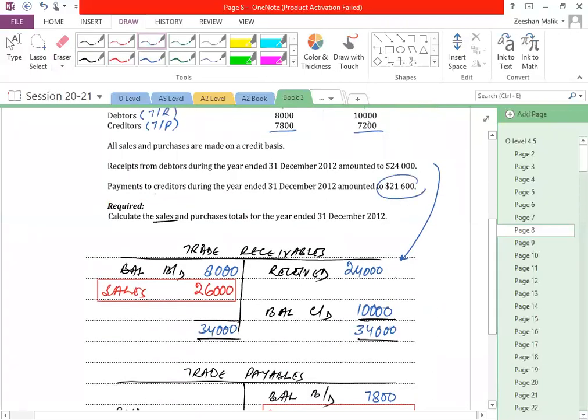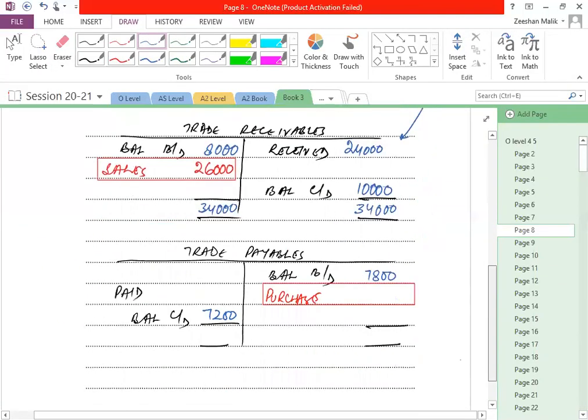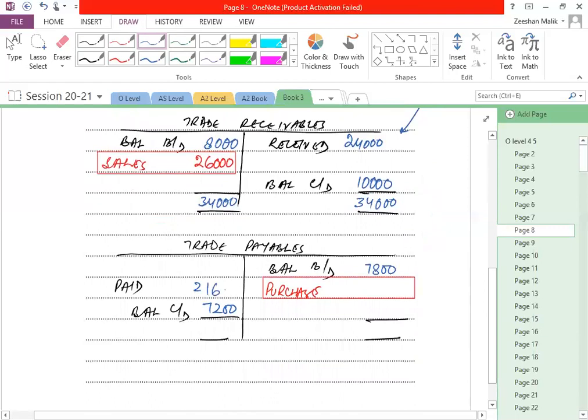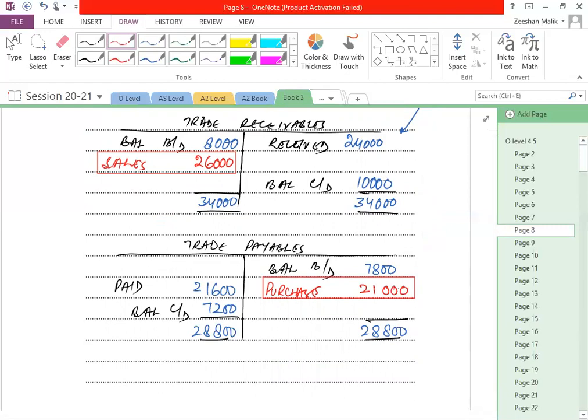How much amount is paid to trade payables? 21,600. At the greater side, subtract the shorter side, you will get 21,000. Now you may see how to get the missing figure.